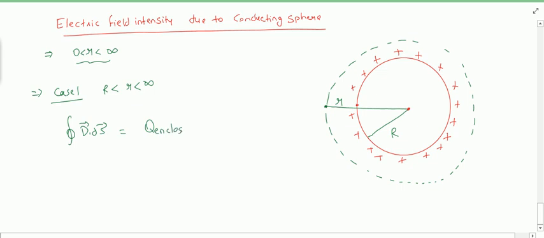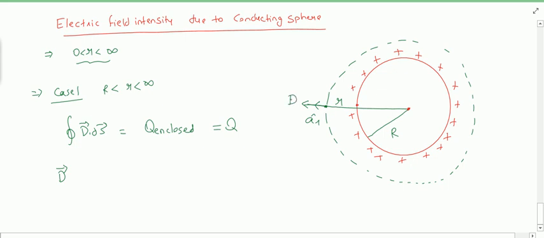Let us say the charge on this sphere is Q. D has a direction radially outward, and the surface vector will also be radially outward, a r cap, because it is a sphere, so we use the spherical coordinate system.